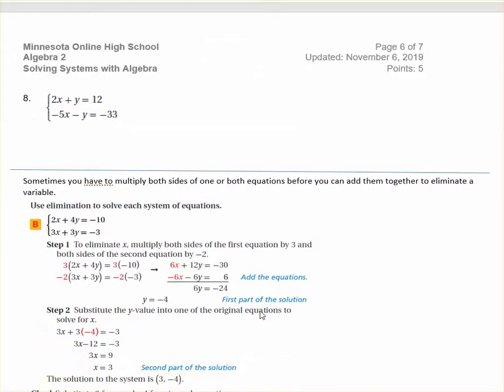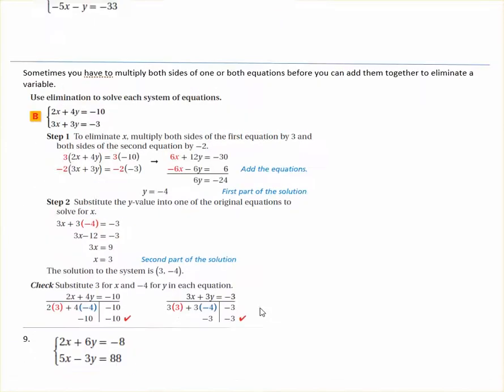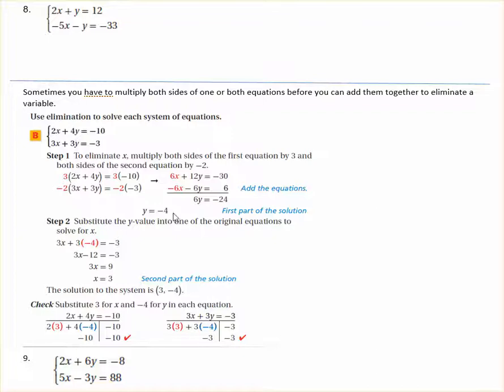Now when you get to 9 and 10, you have an additional step first before you can go ahead and do that. And the additional step is usually to multiply both sides of one of the equations or both equations so that you can get that plus 6y minus 6y. See, on number 9 right now it's minus 3y.